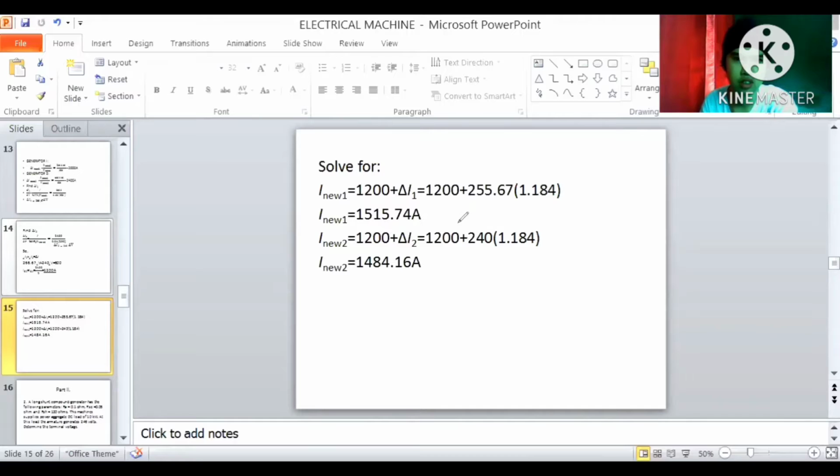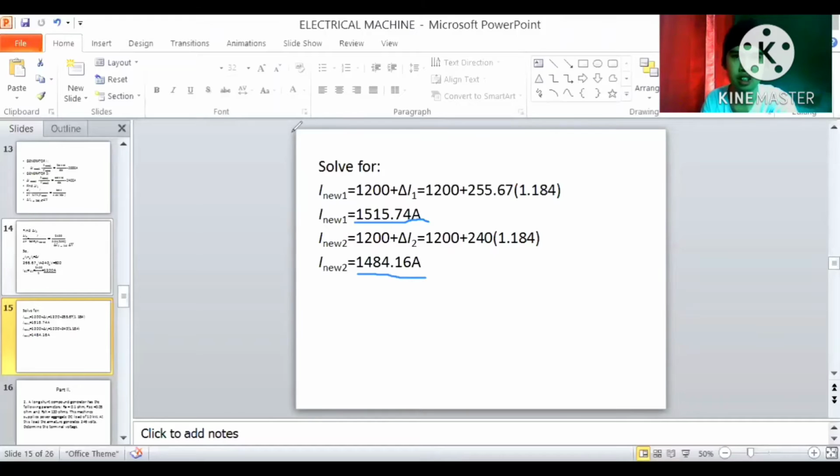So I new 1 equals 1,515.74 amperes. For I new 2, 1,200 plus delta I2 equals 1,200 plus 240 times 1.184. So I new 2 equals 1,484.16 amperes.